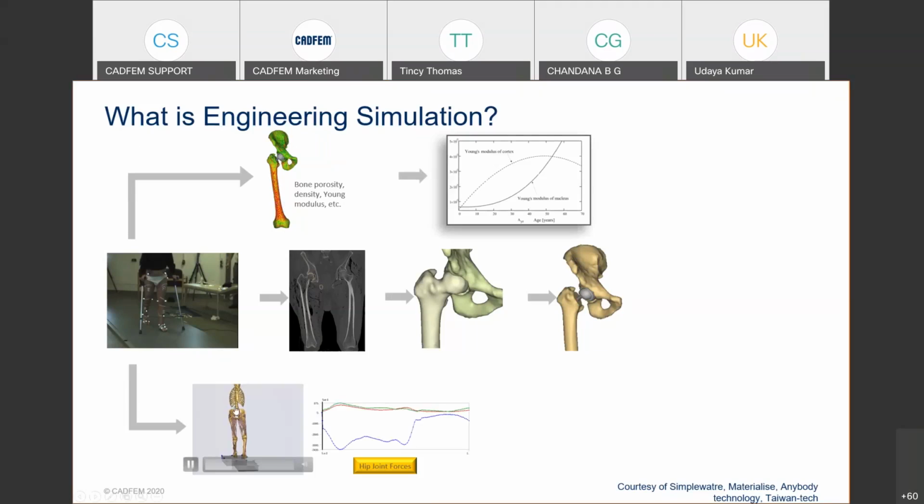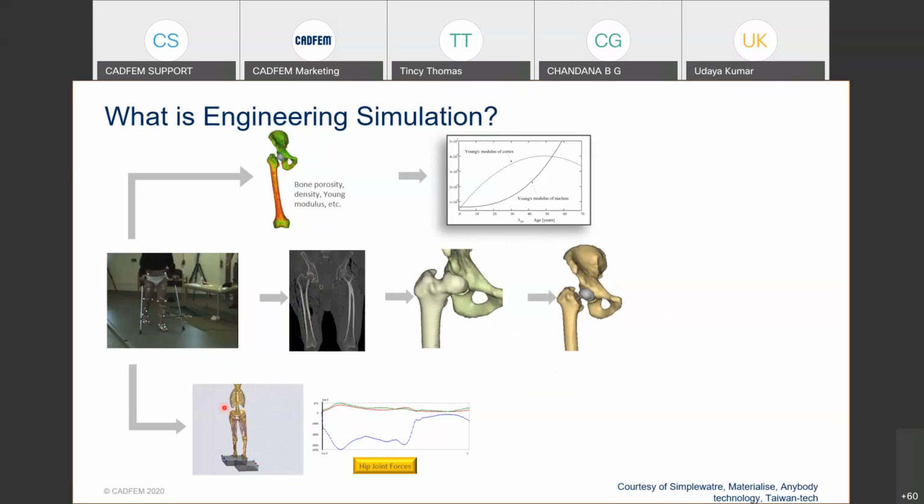Then you can also take input data while the person is moving down stairs, to see how the forces are coming into these joints.